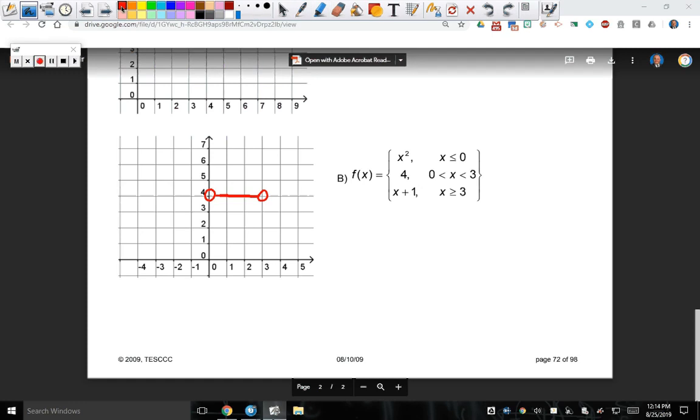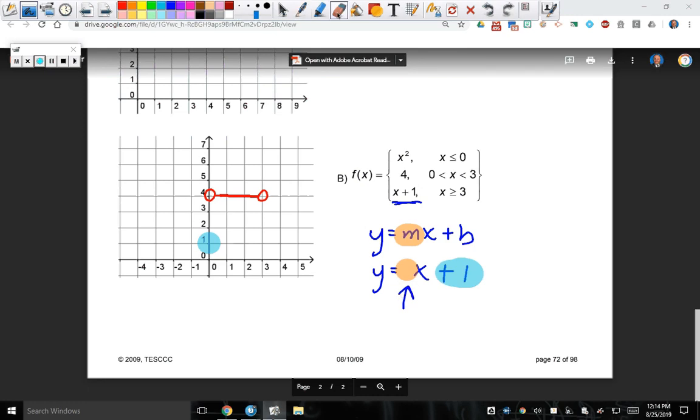Our second one, let's do this in blue, is x plus 1. That means it's similar to what you learned in Algebra 1, y equals mx plus b, which in this case is x plus 1. That means we will start on the y-axis at y equals 1, and we're going to do a slope of positive 1, because there's an understood positive 1 that exists right here.